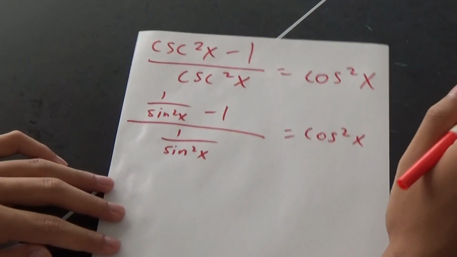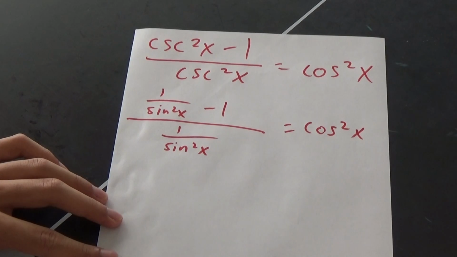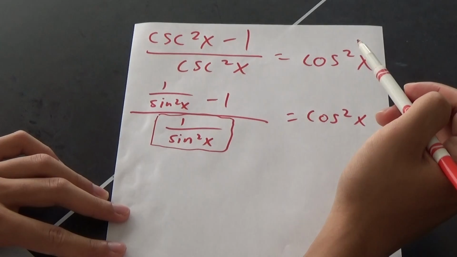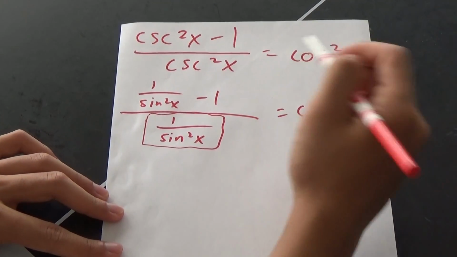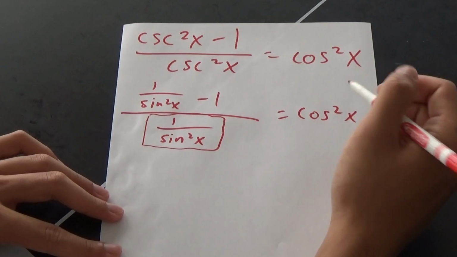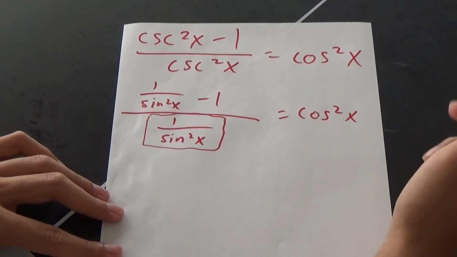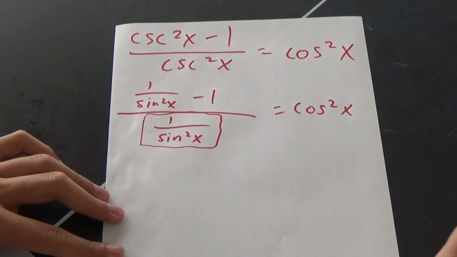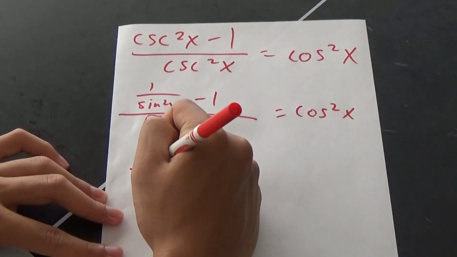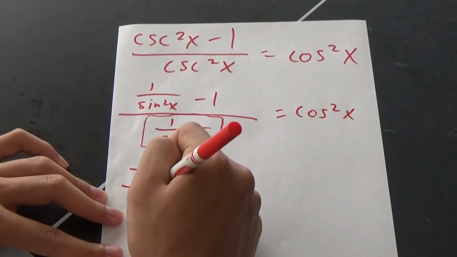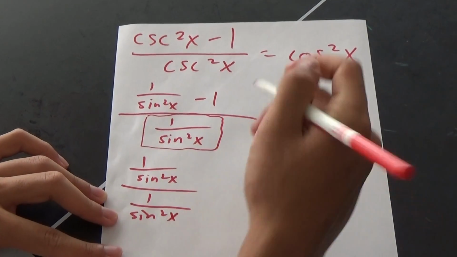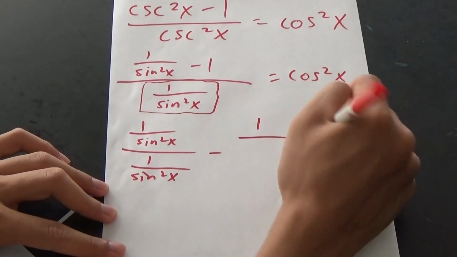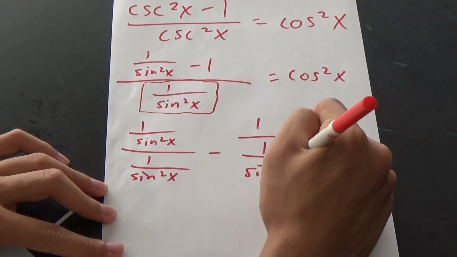So now that we have this, and since the denominator is one term, I'm going to separate the fraction. If your denominator was a polynomial with multiple terms on the bottom, you couldn't do this. So what you have now is 1 over sine squared x, over 1 over sine squared x, minus 1 over sine squared x.